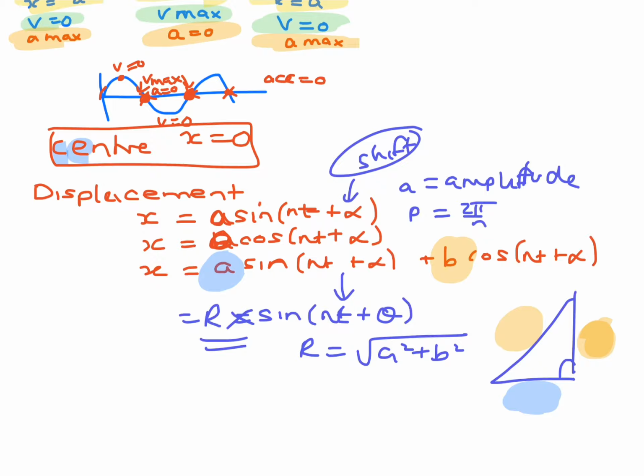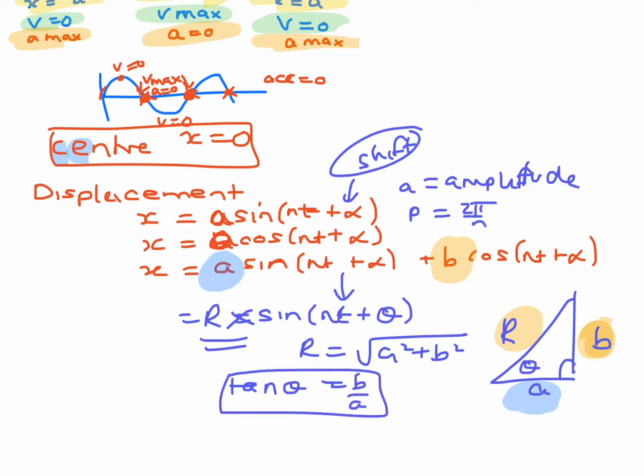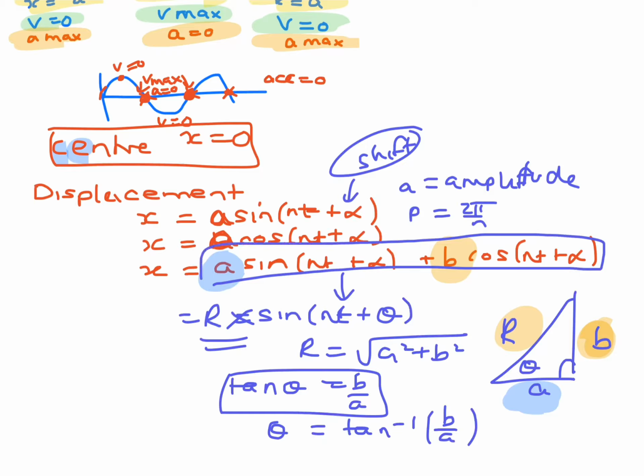So this will be theta, and tan theta equals b over a, and that's r. By Pythagoras, r is the square root of a squared plus b squared. To get that angle, or that shift, it'll be tan inverse of b on a. So you can put this back into just a simple sine function, or a cos function, and you just use the auxiliary angle, and the r becomes your amplitude.